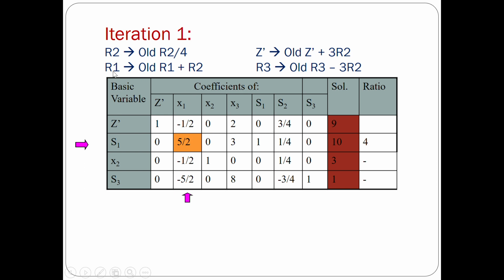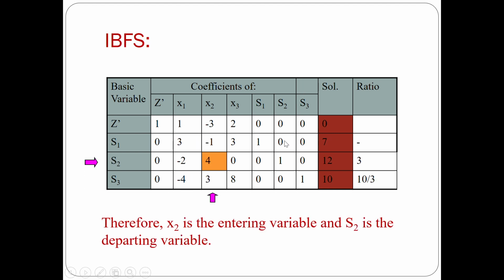The same way, R1 means old R1 plus R2, R3 means old R3 minus 3R2. How this R1 plus R2 and R3 minus 3R2 comes, just go back to the initial basic feasible table. Here you can look at this. So it will be converted into 1 after dividing the entire key row by 4.